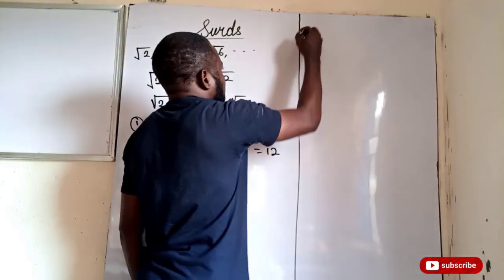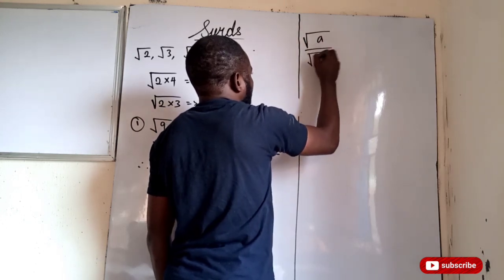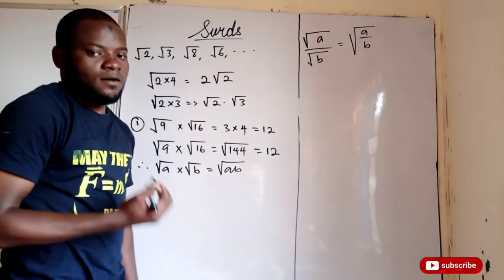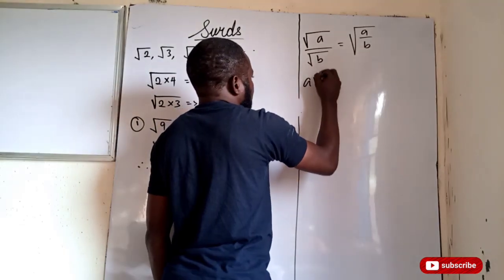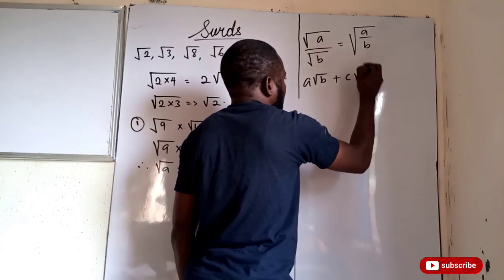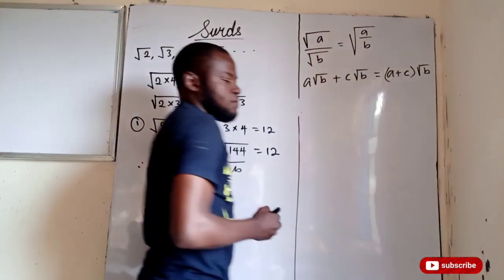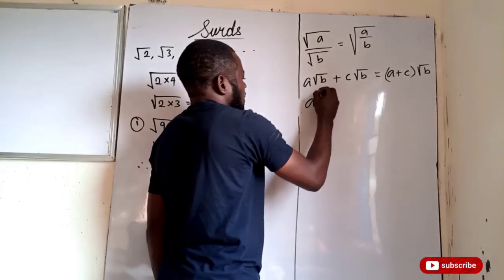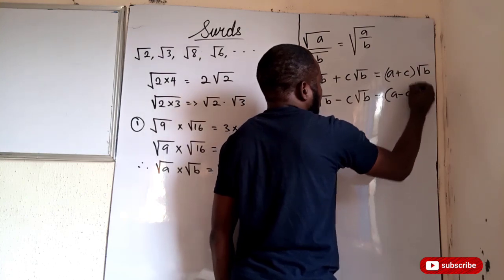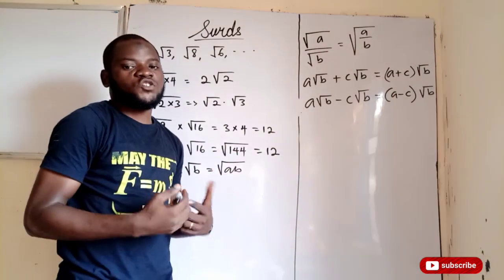Okay, if I also have something like the square root of A divided by the square root of B, this can be the square root of A over B. Okay, if I also have A root B plus C root B, this is the same thing as saying A plus C times root B. Also, if I have A root B minus C root B, the same thing as saying A minus C times root B. So these are the rules of surds.